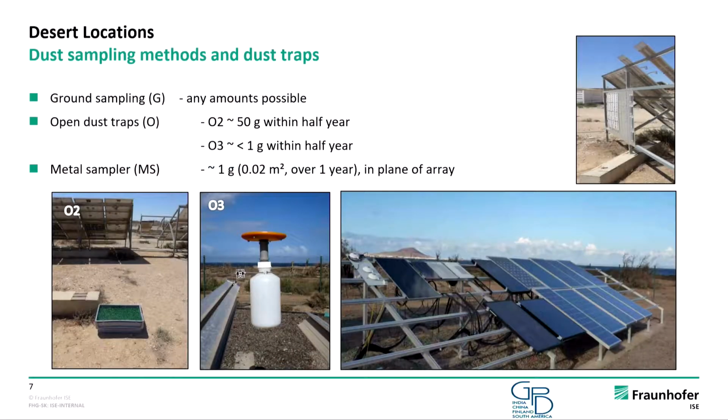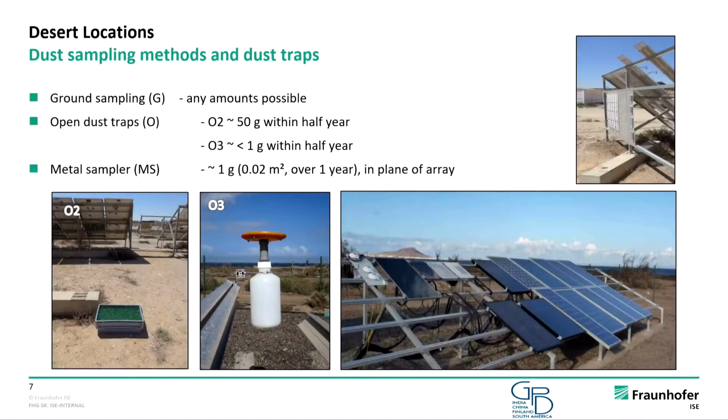When you ask me, okay, great, you can take the dust from the ground and analyze it, but I actually have dust on the surface, how should I get that? Then I'm telling you, yes, we do some sampling from the ground, but we also do some sampling with dust traps. They are at the height where the PV modules are located.